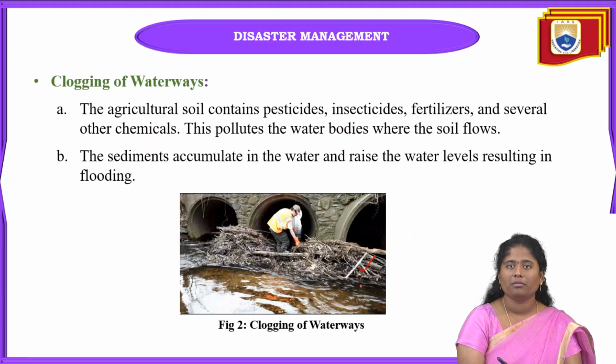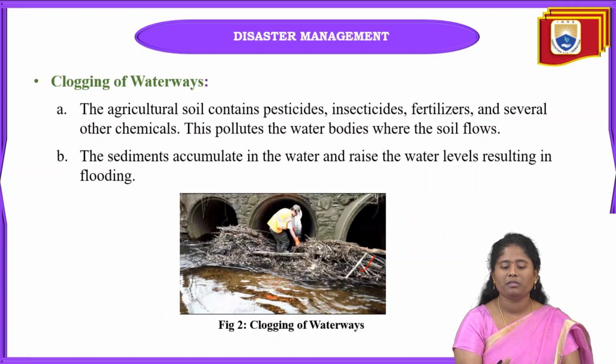This is the clogging, nothing but the settlement of inorganic particles or soil. If soil flows, it moves from one place to another. These sediments accumulate in the water and raise the water level, which results in floods also.